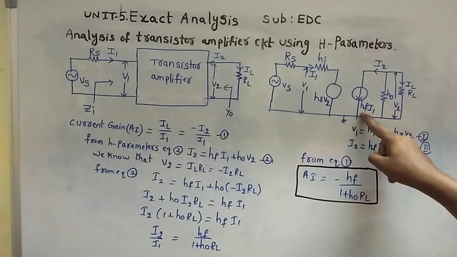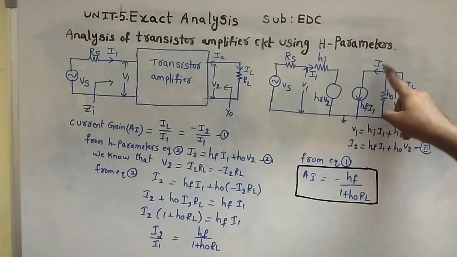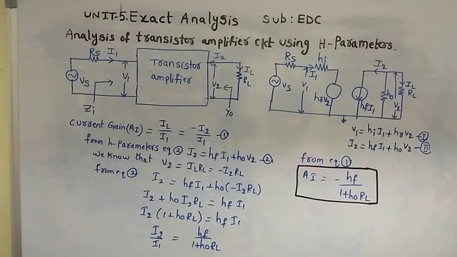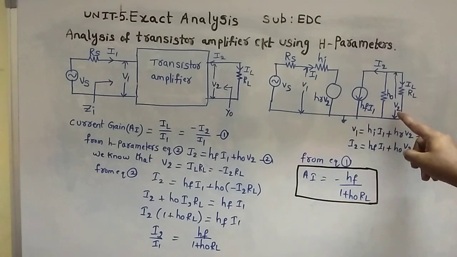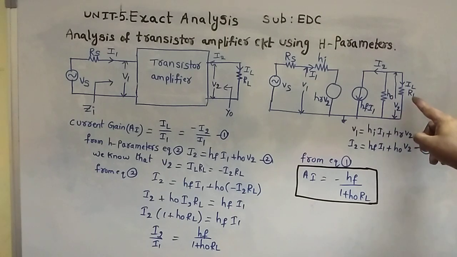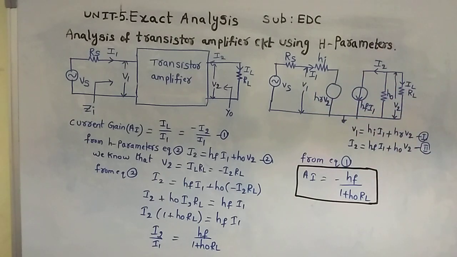In place of HF you can take HFE, and the output current is IC, the collector terminal current. In place of HO you can take HOE, and in place of V2 you can take VCE, with RL and IL as they are. This is the H parameter for CE configuration. From that you can write the formulas, substitute in the current gain equation, and find AI. You may get minus HFE by 1 plus HOE into RL.